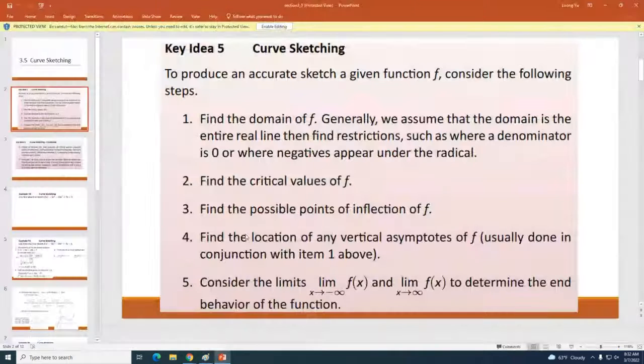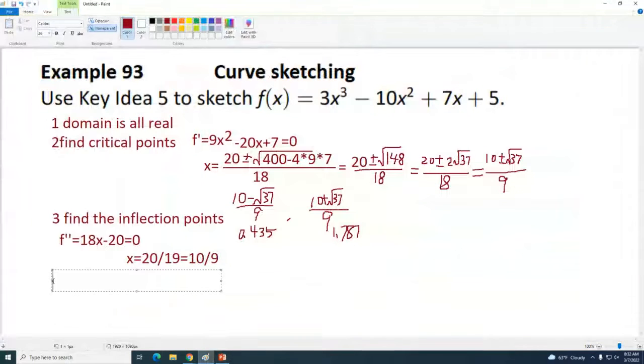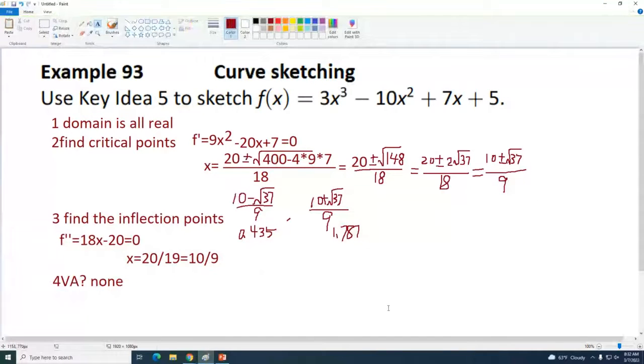All right, so what do we do next is try to find if we have any vertical asymptotes, VA. Vertical asymptotes occur when you have a rational function where the denominator equals 0. In this case, there are no vertical asymptotes. We don't have any.